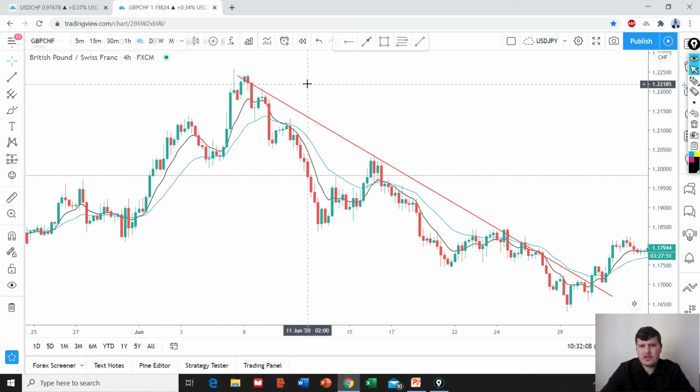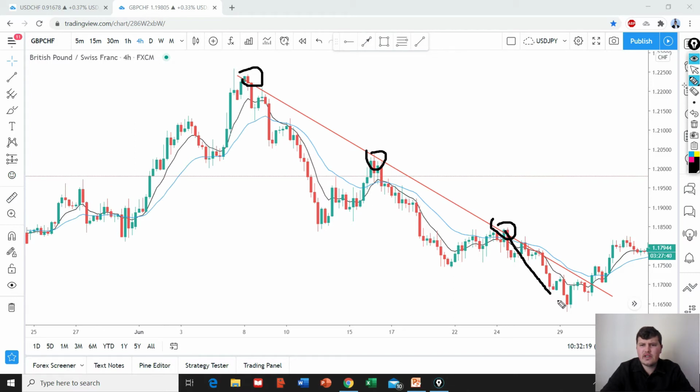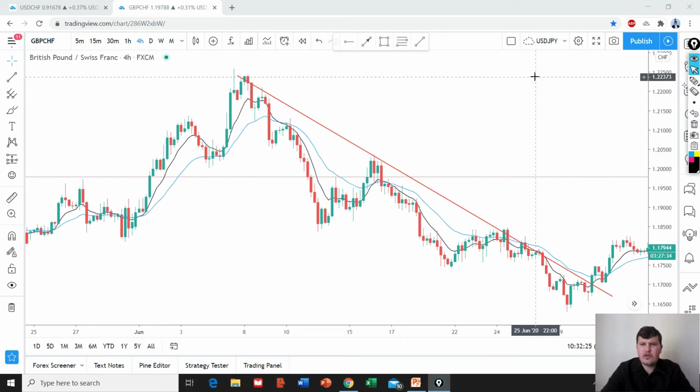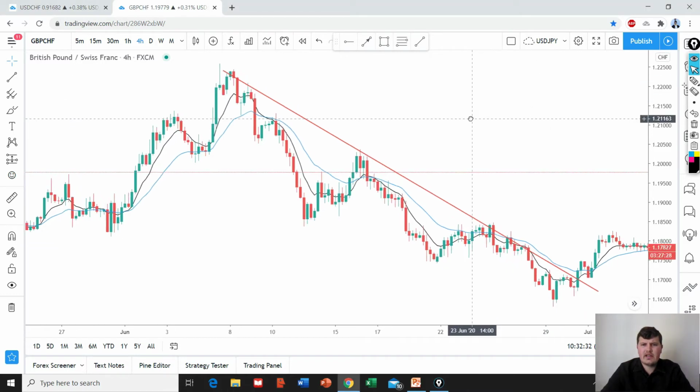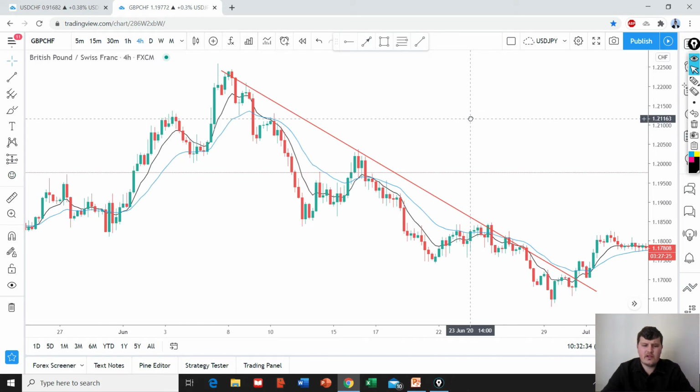You connect the two peaks, this being the first peak and the second peak, the third just acting as a confirmation, and you could have entered a short position over here to catch this downward move. And like I said, these are some really reliable technical tools that you'll find everywhere in the Forex market, and it's a really good tool to add to your trading toolkit.